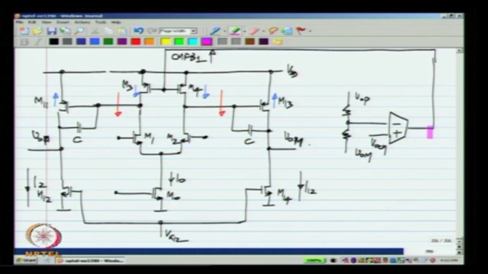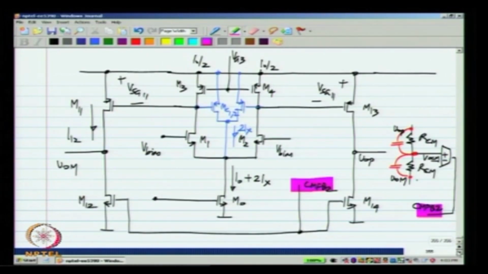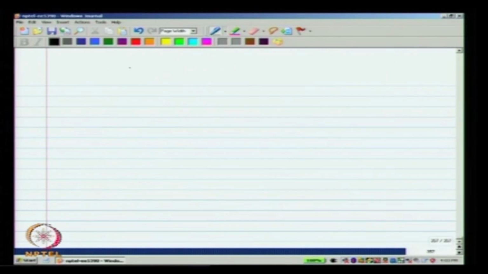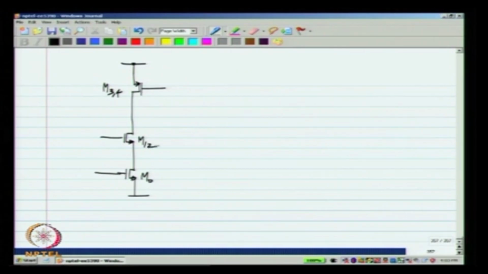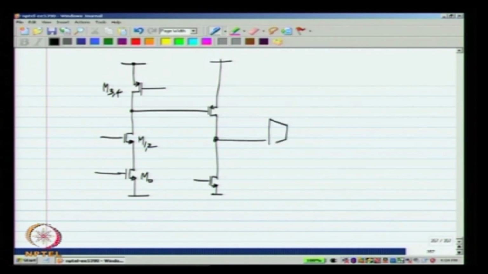Now, in the common mode half circuit, let me redraw the common mode half circuit of this. What I will have is that one.